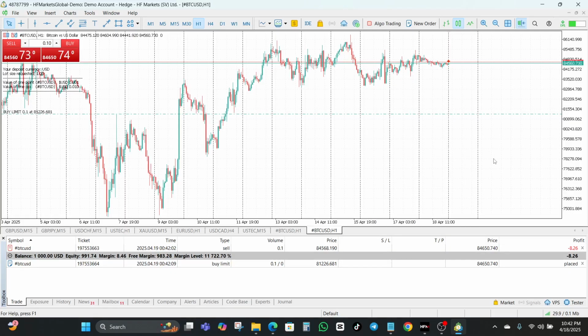So if price moves in your favor by the number of points that you selected, your stop loss will activate and start trailing the market. From that point on, it will continue adjusting automatically as long as price moves further in your favor.